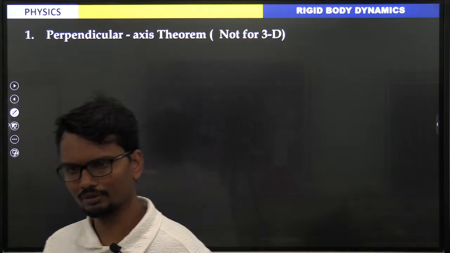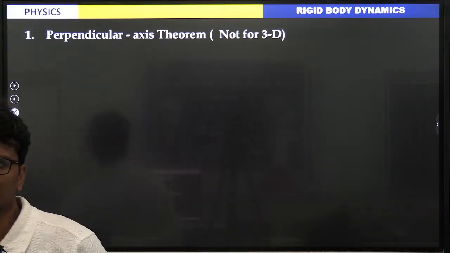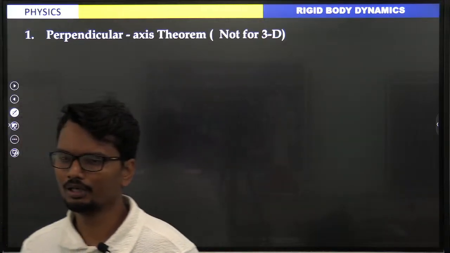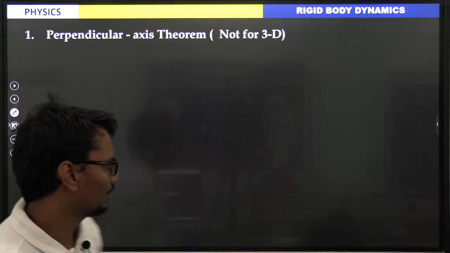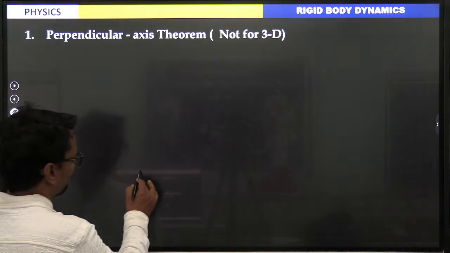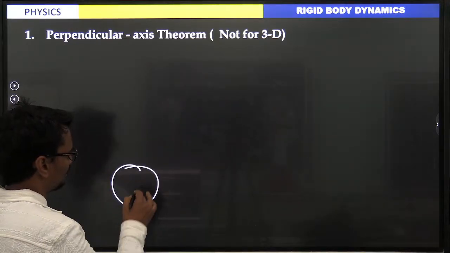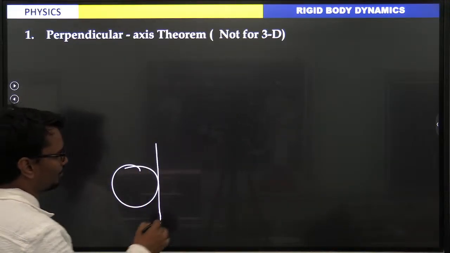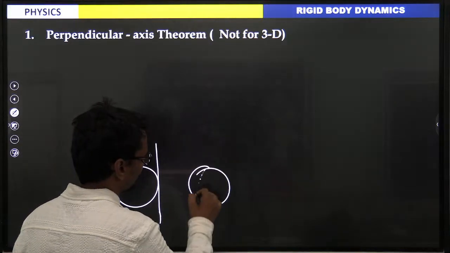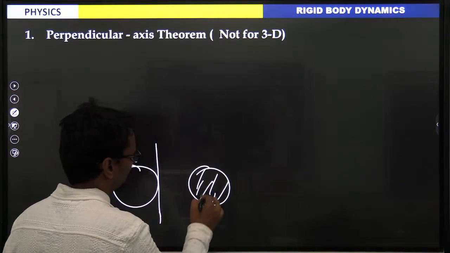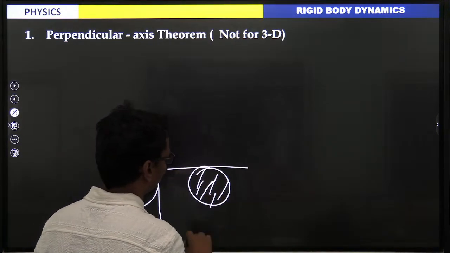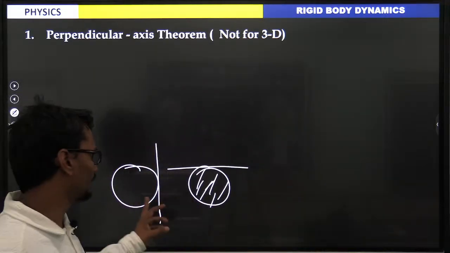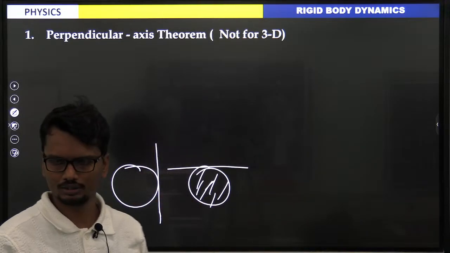But if someone asks you to find the moment of inertia of the ring about this axis, or the moment of inertia of the disc about this axis, then how will you find it?